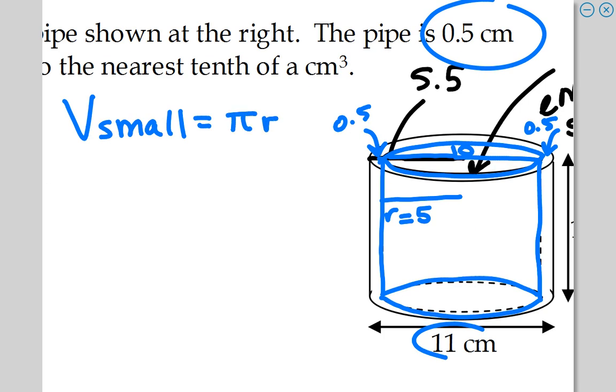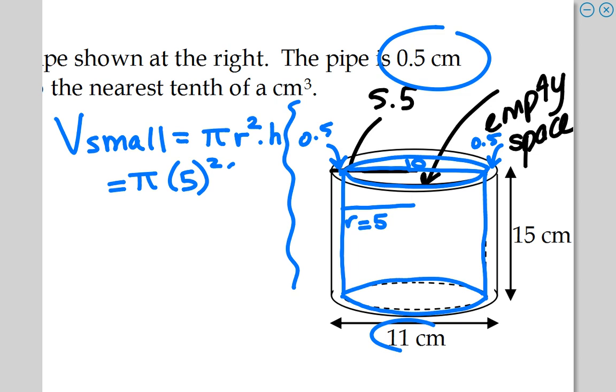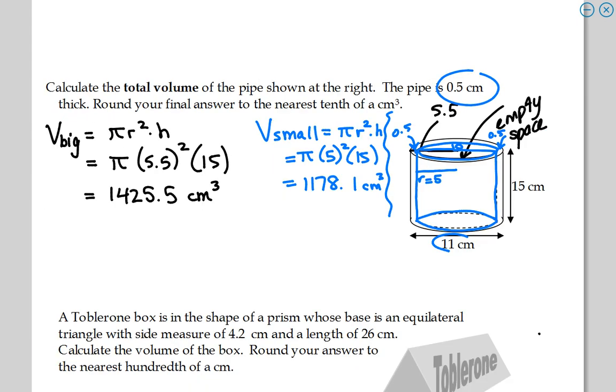So pi r squared h, r is 5, and the height stays the same at 15. I got 1178.1. And I'm removing the blue from the black. So final answer would be 1425 minus 1178.1.